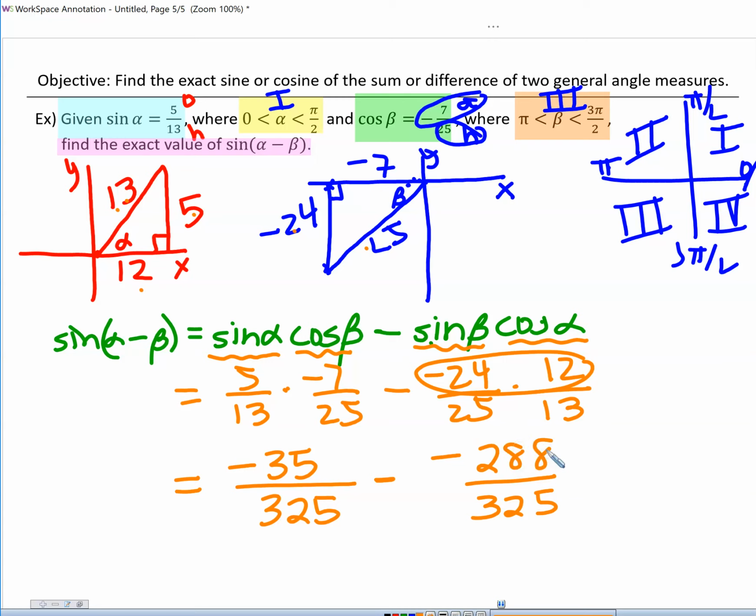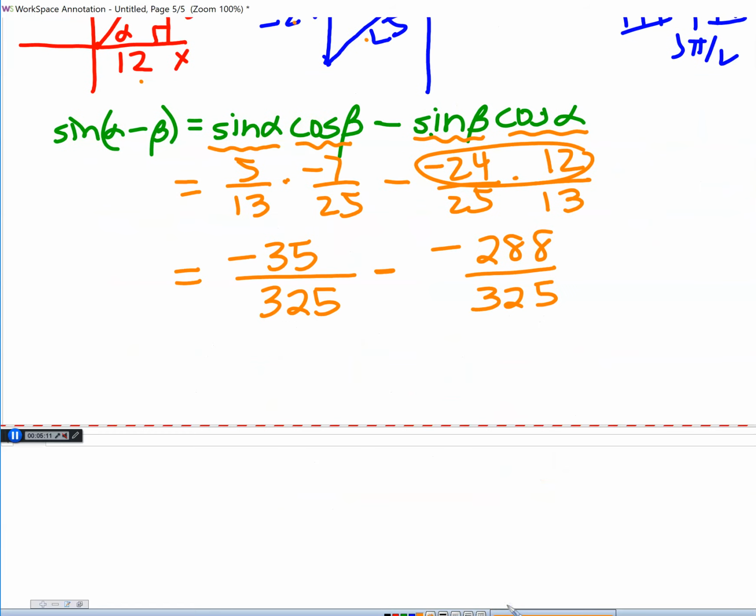Now, for these problems, it is okay if you use a calculator. Some of the numbers will get rather large. You won't always recognize your Pythagorean triples and know for certain what the third value is, so calculators would be allowed here. All right, so now what we're going to do is combine these two through addition.